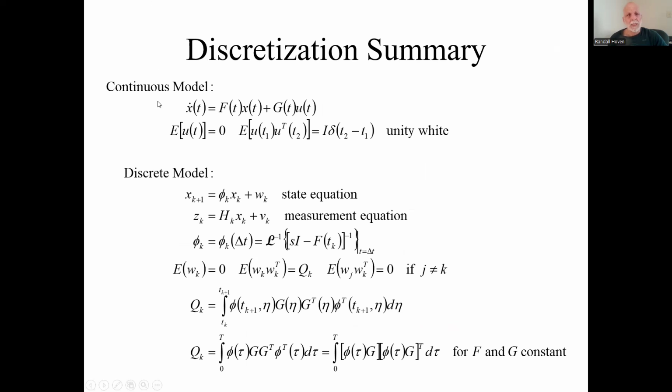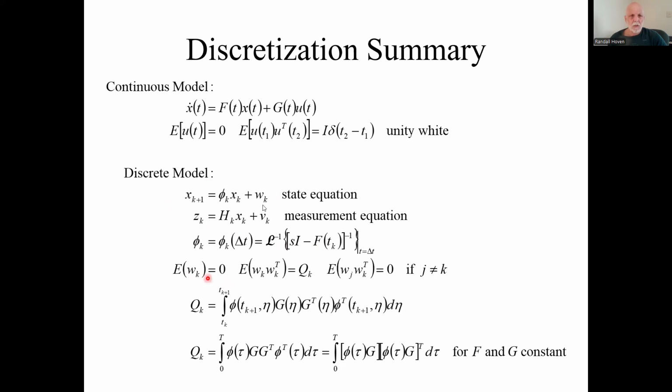So when you put all that together, we had a continuous time model, which was this, where the input mean is 0, and we assume the input U here is zero mean unity white noise. The discrete model is this here, where phi, we have a way to compute that now using the inverse Laplace transform.